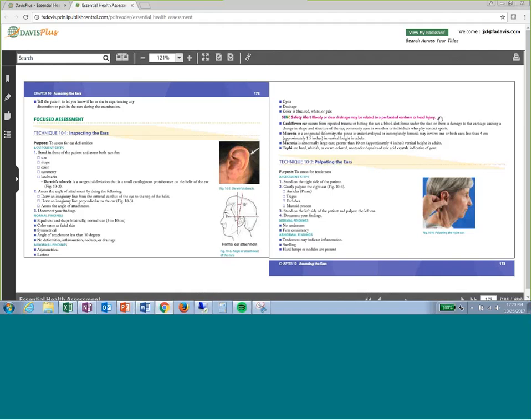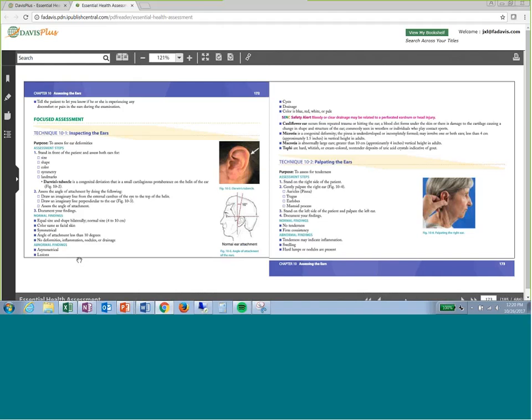Notice, too, that we separate normal and abnormal findings. Our goal is to focus on normal and normal variance. The idea is if you are able to identify normal and normal variance, anything that lies outside that is probably abnormal.